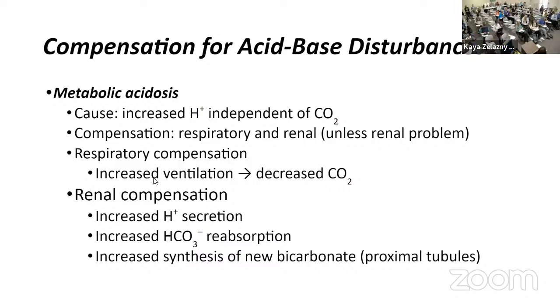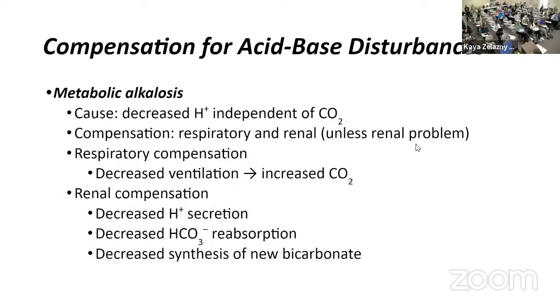Okay. So you are going to increase the secretion of those hydrogen ions. You want to urinate them out, excrete them out. And you're going to reabsorb some more bicarbonate to act as a buffer. And you're going to increase some synthesis of new bicarbonate.